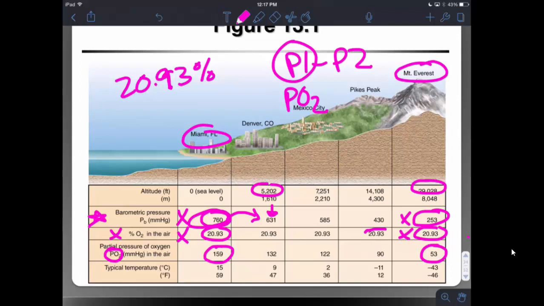And so if PO2 is lower, then P1 minus P2 is going to be lower, which means we have a lower gradient, we have a lower driving force to bring oxygen into the body. And that's the problem that we encounter at altitude. It's not that there's a lower percentage of oxygen in the air, it's that the oxygen is exerting a lower pressure, so it's harder to get that oxygen into the body, more of a challenge.